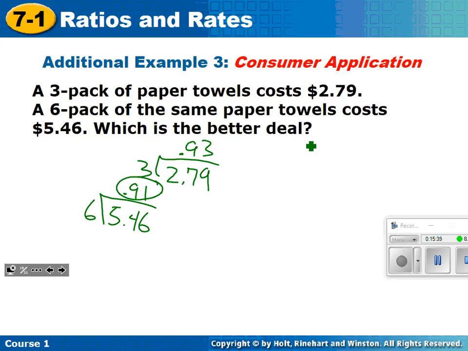You save 2 cents per paper towel roll. What if you're a restaurant and you serve everything on paper towels? The 2 cents will add up. But then again, you're probably not buying them in packs of 6. Either way, the one that costs less is the better deal.